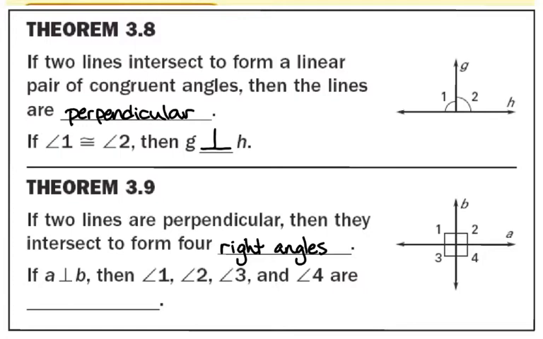You should know that all four are 90-degree angles. That's because of this theorem 3.9. I'm going to go ahead and write that again in this blank: right angles. So there's theorem 3.8 and 3.9.